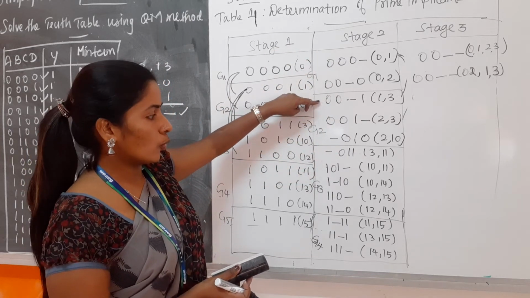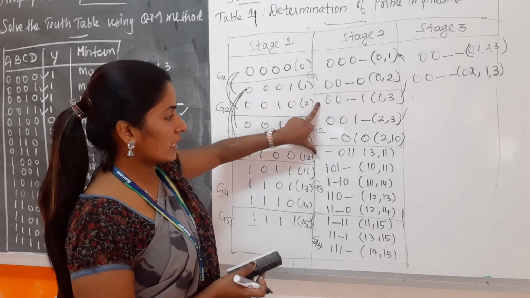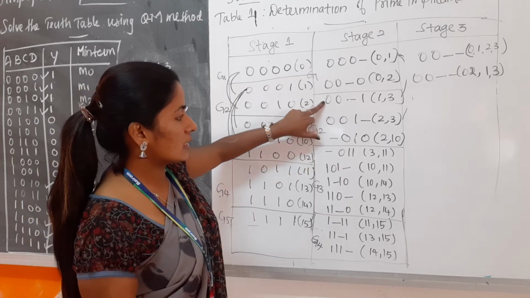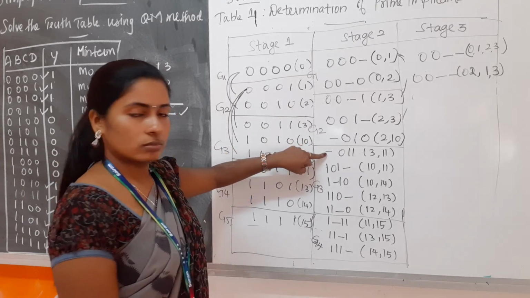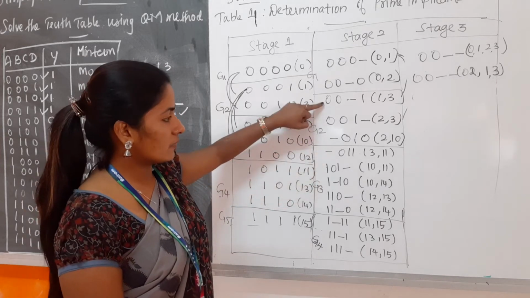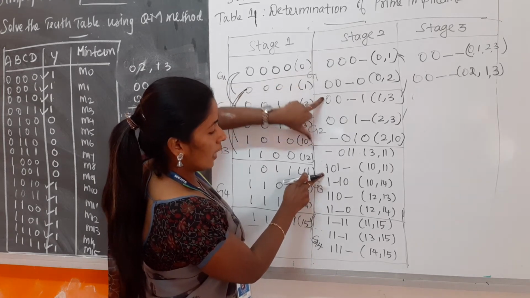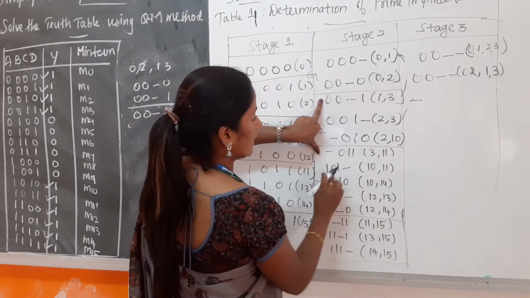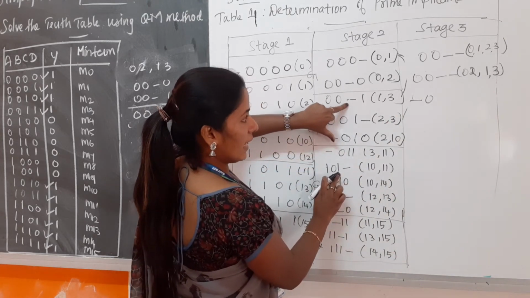Now I am moving to G2 and G3. In G2, 1 3 with 3 11. Again I got 0 and dash, so not possible. Next 1 3 and 10 11. 0 and 1 gives dash, next 0 0 0 1 and dash.